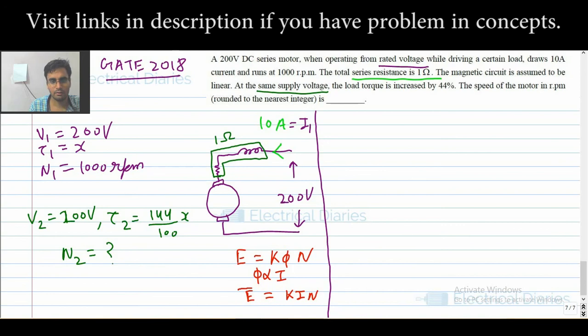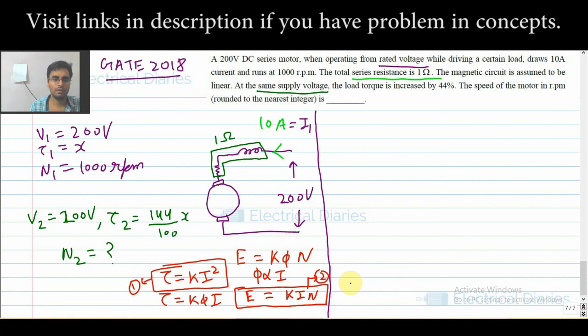Torque is equal to K phi I, but for a series motor the torque will be equal to K I square. These two equations are valid for a DC series motor. So we have to somehow use them and find N2. Now let us see what is given to us and how we could find it.